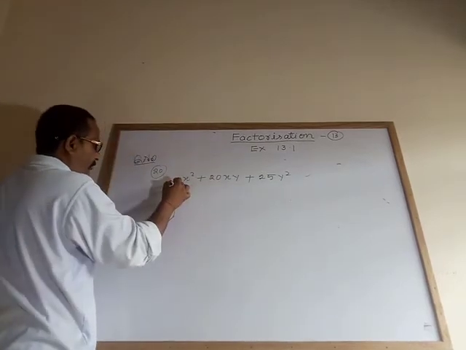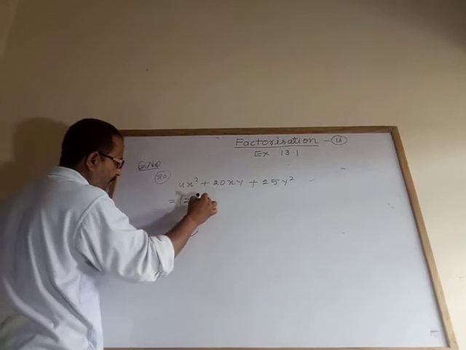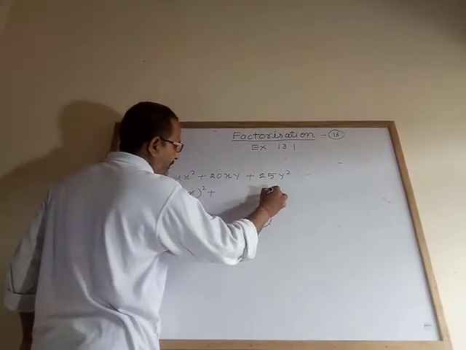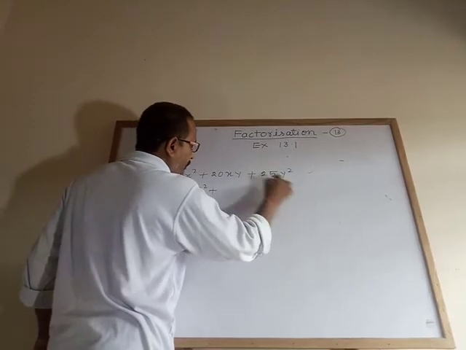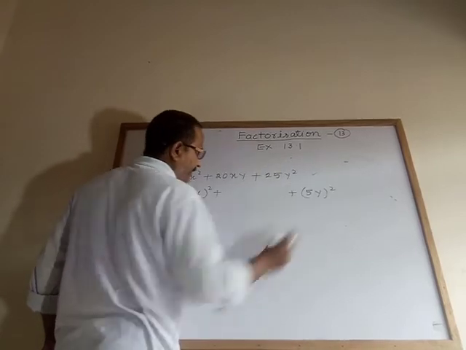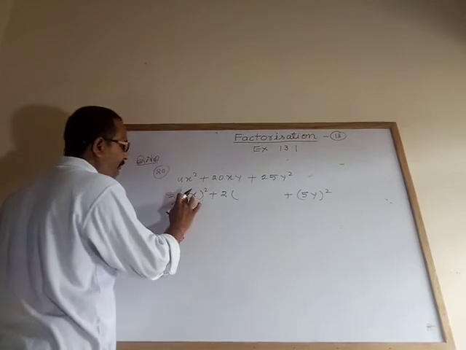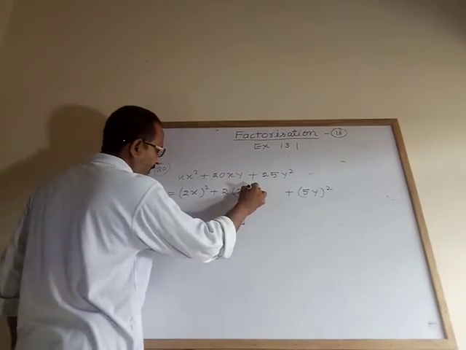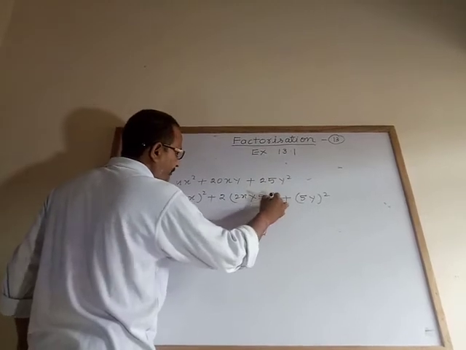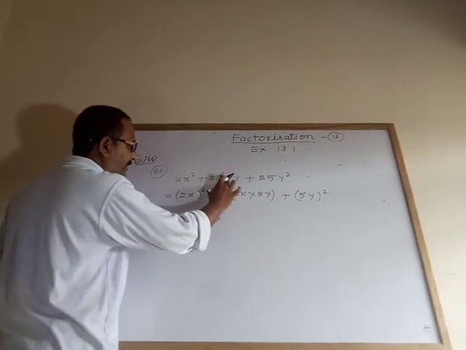See that 4x square is a perfect square number, meaning (2x) whole square, plus 25y square, meaning (5y) whole square. Now 2 into first term 2x into second term 5y: 5 into 2 is 10, 10 into 2 is 20xy is coming.